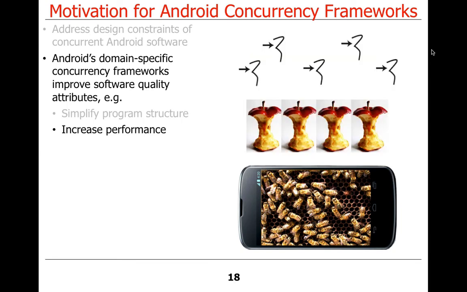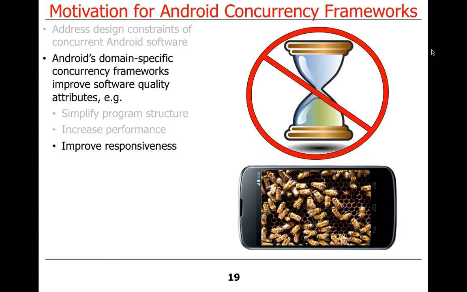Speed things up by overlapping computation and communication, so these application threads run on processor cores. And also give this perceived responsiveness where even if you don't actually have things running faster, people feel like it's running faster because they're not sitting there waiting for the hourglass to wrap up.